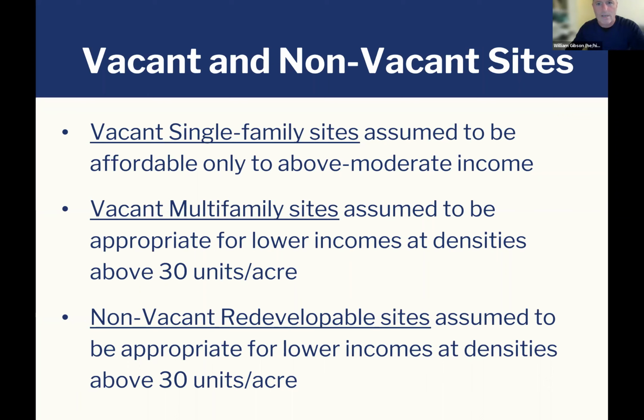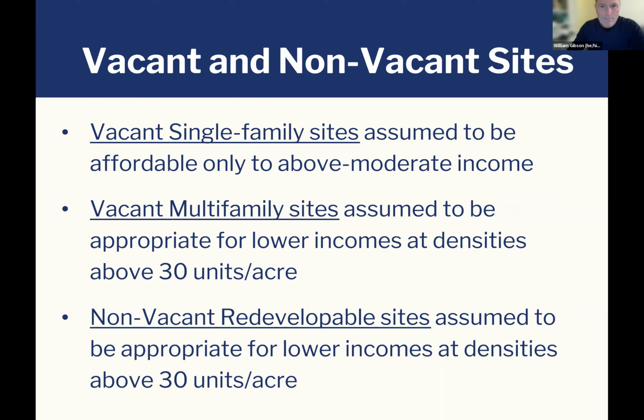We make no assumptions on a site-specific basis regarding those units. And we assume that all of the vacant single family sites we identified are going to be affordable only to above moderate income categories. That might not necessarily be true. They might be saleable to moderate income or lower in some cases, but the vast majority of them will be market rate, and those are affordable to above moderate income.